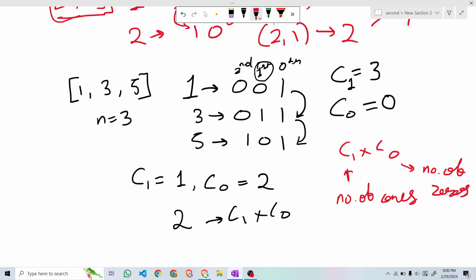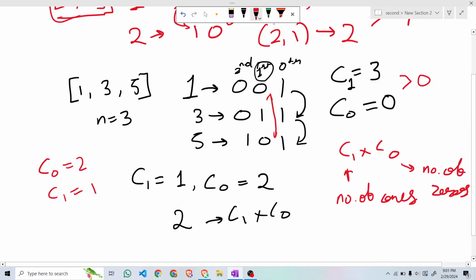In the first position the answer would be 2, and in the 0th position the answer would be 0 because all of them are 1, so there are no bit differences. In the second position, we have C0 equals 2 and C1 equals 1. So obviously the answer is C0 times C1, which equals 2 for the second position.